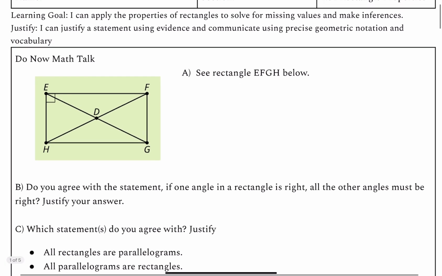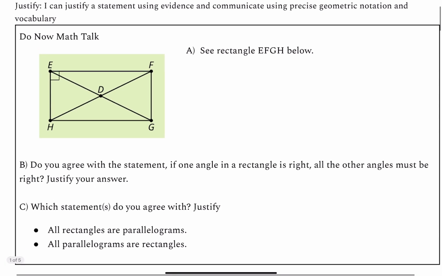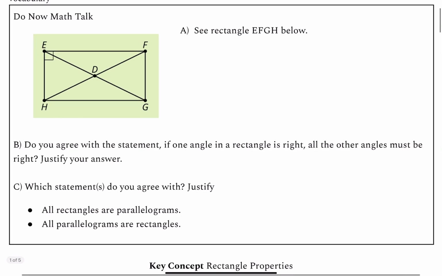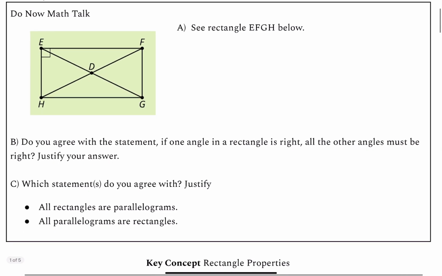Do now, math talk. We're going to go over this live in class, or play it on your own and try it out. A, see rectangle EFGH below. B, do you agree with the statement? Let's underline this. If one angle in a rectangle is right, trace over that if you have colored pencils.